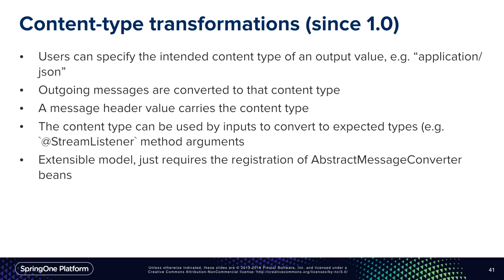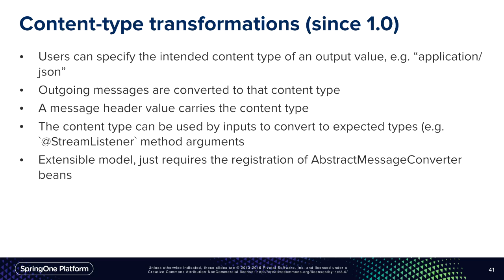That encoded data and the content type are basically added as a header. So the data is encoded and the content type is added as a header and carried with the message, right? And this is not new functionality. This has been around since the days of Spring XD.